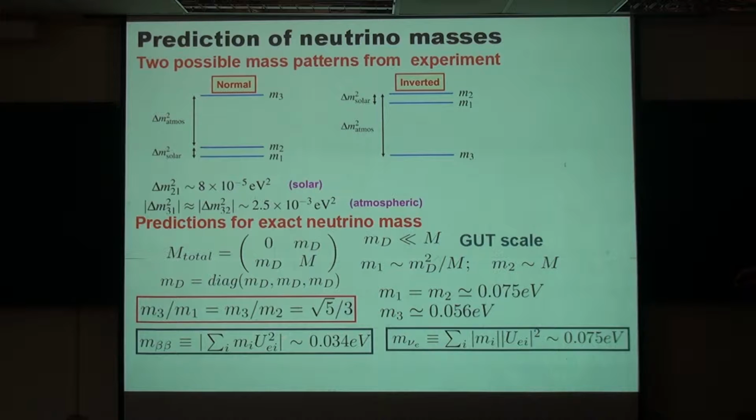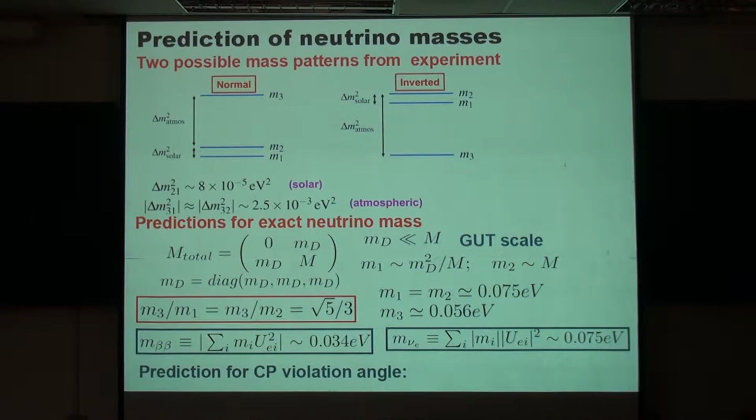Basically, the U1 squared and U2 squared have different signs, so they cancel and make this extremely small. And the overall scale of this neutrino mass is around 75 MeV, so maybe it can be examined by future experiments.